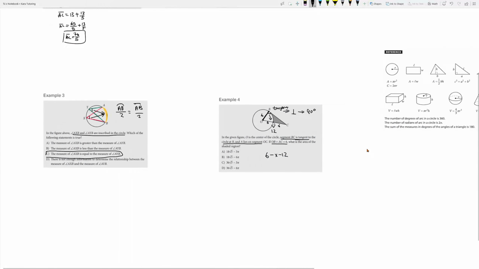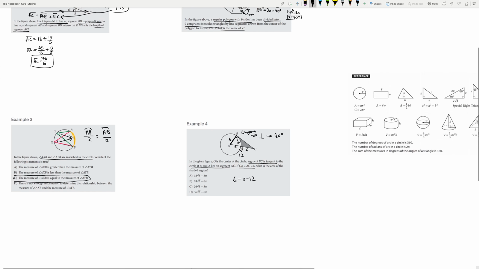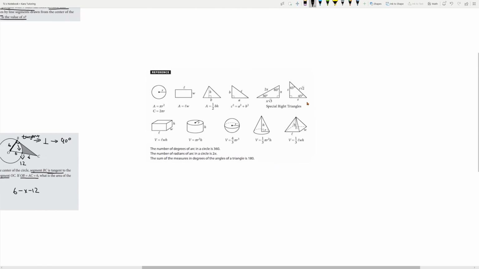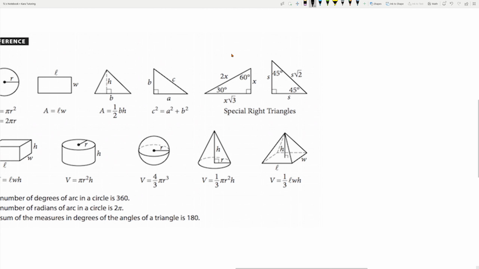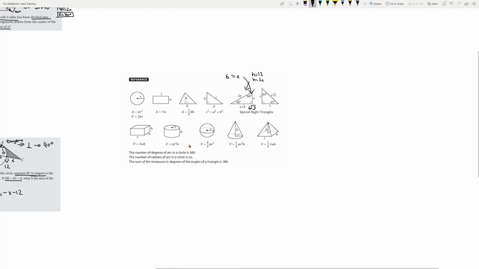If I look in the reference table, I see there's a section on triangles, and in the other triangle that we had, it was 6, x, the height, and the hypotenuse is 12, so h is equal to 2x. So in this case, we actually have a special right triangle, called the 30-60-90 triangle. So we already know the value of the other side. It's going to be 6 rad 3.